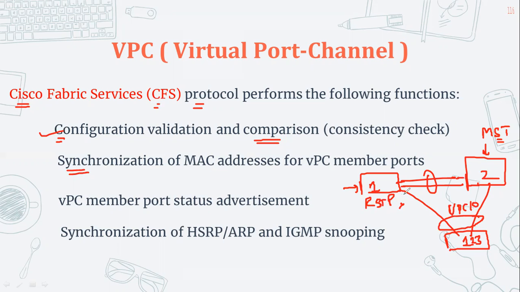All the MAC addresses that they are learning on their member ports will be synchronized via this peer link by CFS. All your HSRP messages, your ARP table entries, your IGMP messages will be synchronized using this peer link.